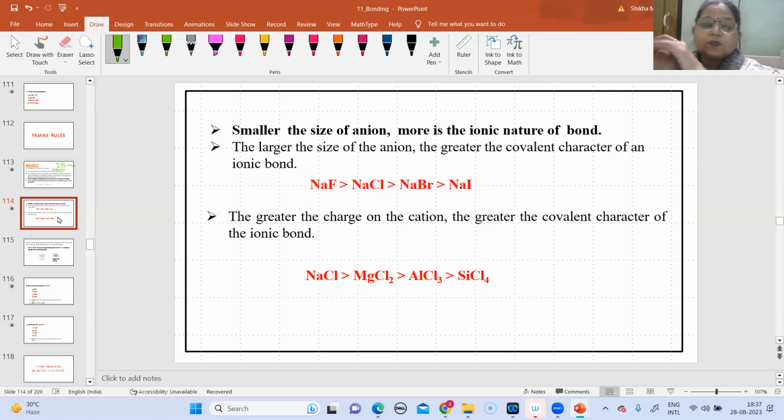Then in the last point, we have compared the different charges on the cations. You know that sodium is a unipositive cation, magnesium is dipositive, aluminum is tripositive, and silicon is a tetrapositive cation, right? Greater the charge on the cation, greater will be the covalent character. So that means silicon tetrachloride will be covalent and NaCl will be more ionic, right?